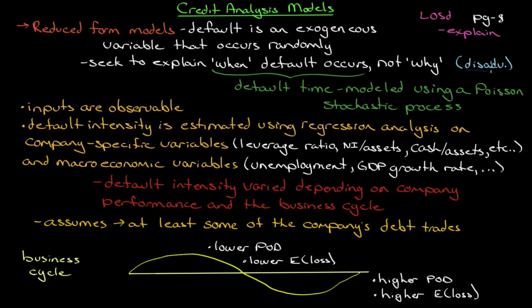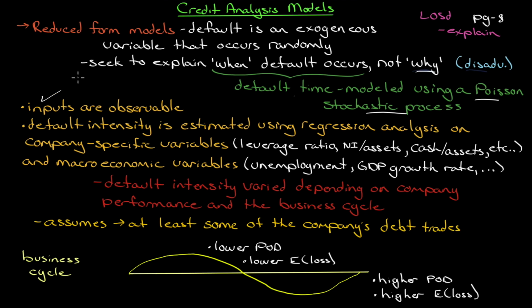And that is a disadvantage of the reduced form model because it doesn't answer the question of why default would occur, whereas the structural model does explain why default would occur. Well, the asset value is less than the debt that we owe. Forget it. I'm not paying. Default time is modeled using a Poisson stochastic process, for those of you who want to know a little bit more about that. Here are some of the nice things about the reduced form model.